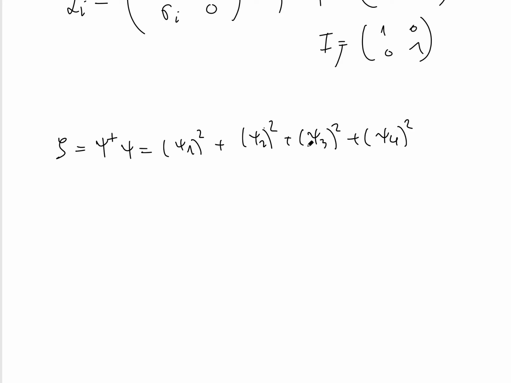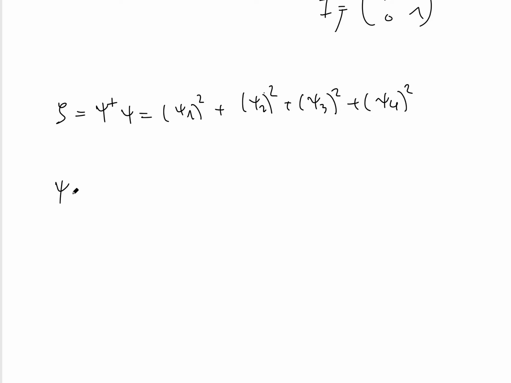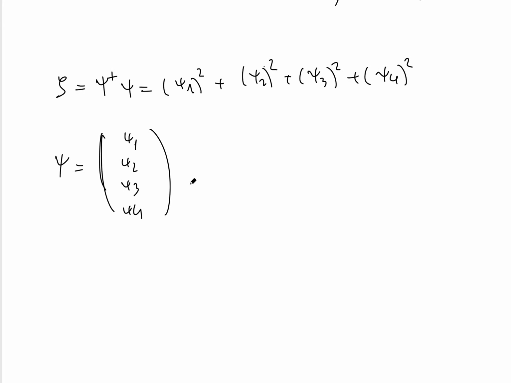So why psi1, psi2, psi3, and psi4? Because psi is a 4-spinor: psi1, psi2, psi3, psi4. And psi dagger would be the conjugate transpose: psi1 dagger, psi2 dagger, psi3 dagger, and psi4 dagger.